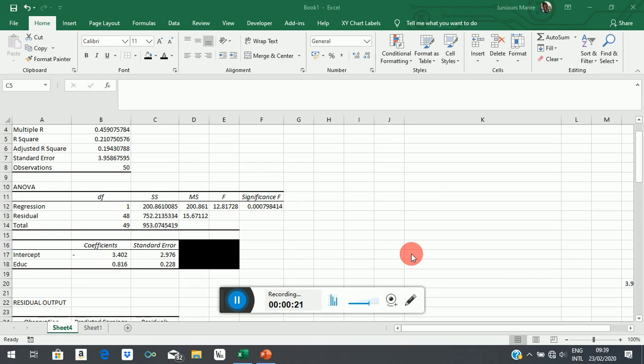Now that we understand all this estimated output, it is now time for us to talk about hypothesis testing.